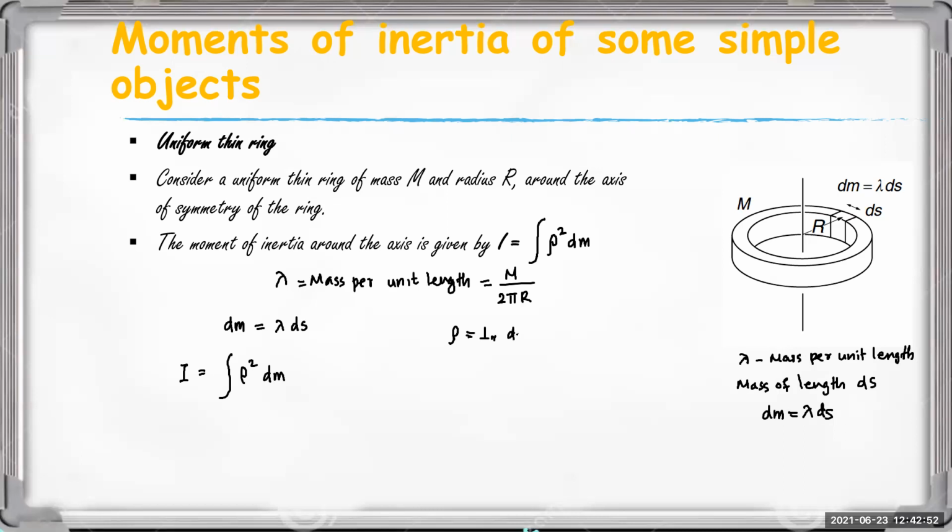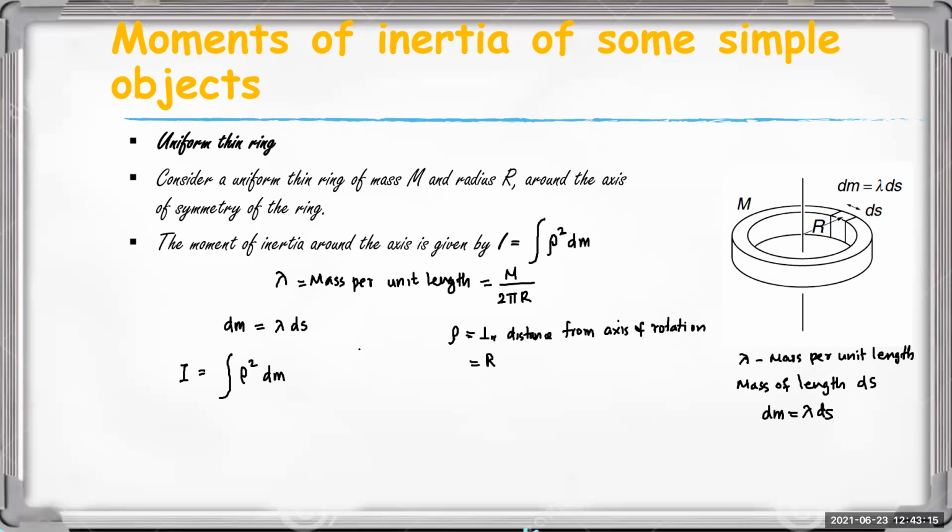Perpendicular distance from the axis of rotation. And here, the perpendicular distance from the axis of rotation is equal to capital R, or it is the radius.